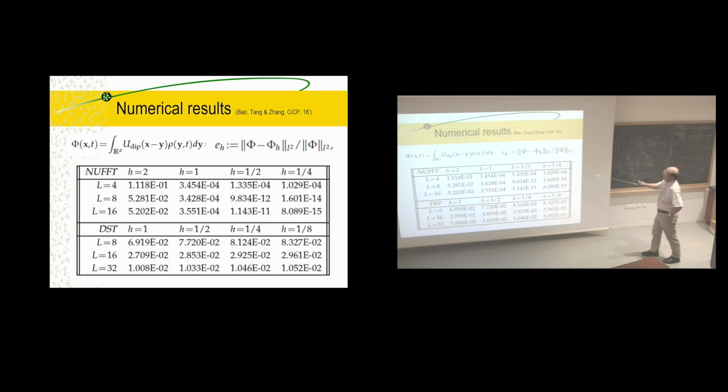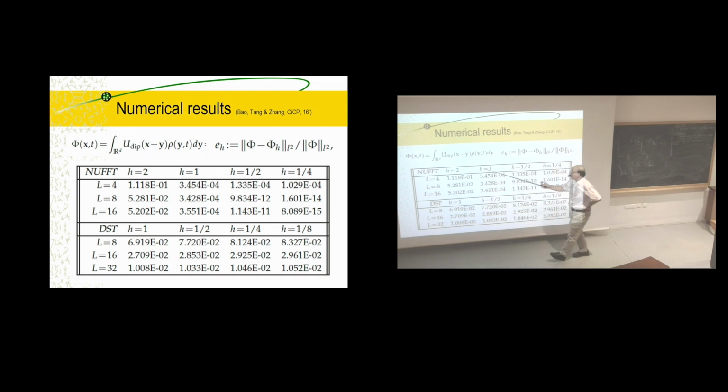So if you choose a good formulation, you may do a better job. In a simple comparison, we just take rho like a Gaussian. You can compute analytically. If you do NUFFT, this is the mesh size, and this is the size of the domain as a box. If my size is equal to 8, that means minus 4 to 4 cube.